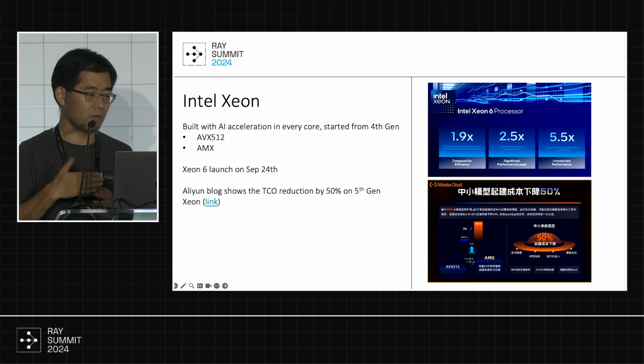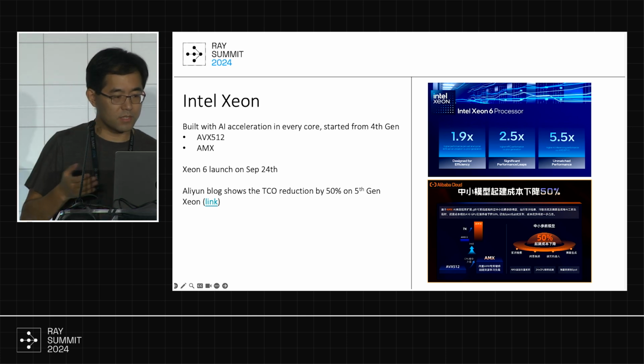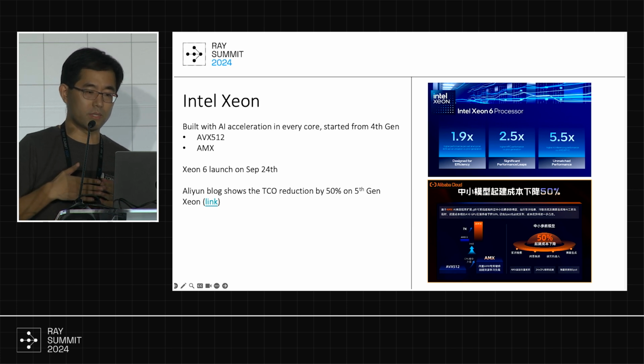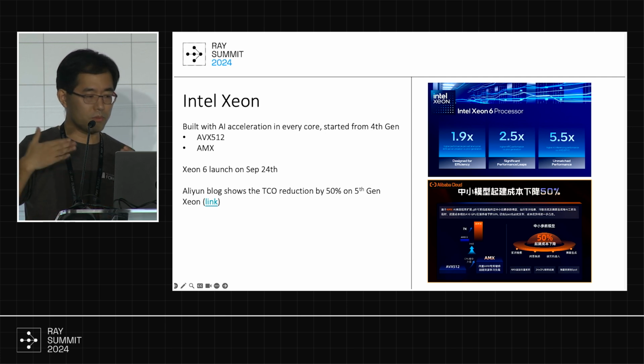AMX stands for Advanced Matrix Extension. This is in addition to AVX-512, which was added a few years back. AMX is mainly for matrix acceleration, and AVX is mainly for vector acceleration. Both are very important to accelerate AI workloads.